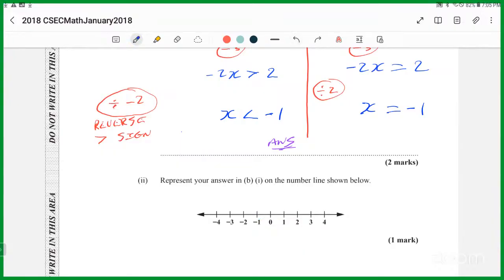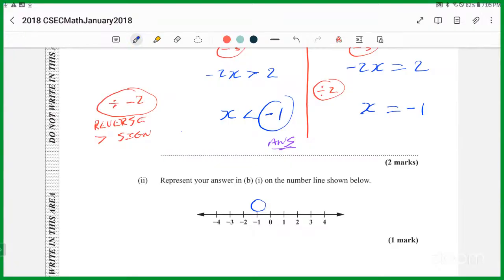To show that we're starting there, we'll put a circle on it. But that circle is deliberately left unshaded because there is no equal sign in the inequality. The unshaded circle tells us that -1 is not included, because if you are only less than -1, then -1 is not included in your values.